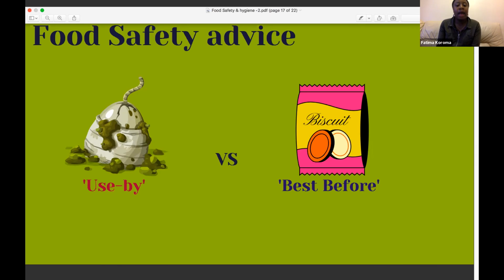Yes, he's absolutely correct. The use by date is for perishable food, food that perishes, and if you eat it after that date, there's a risk that bacteria have grown in the food and you become sick. The example we gave, milk, is a really good one, because most times people notice when it goes off: it curdles, it turns yellow, it smells, or you taste that acid taste.